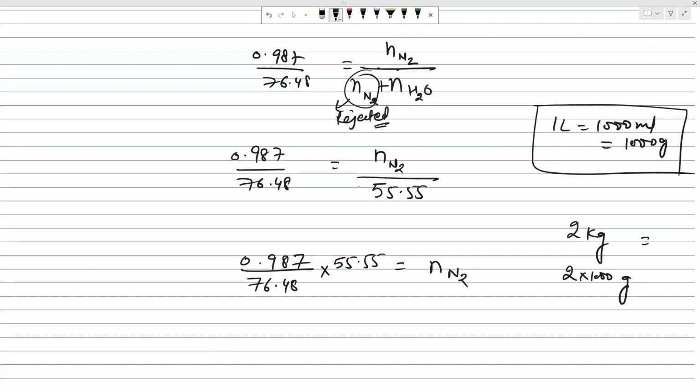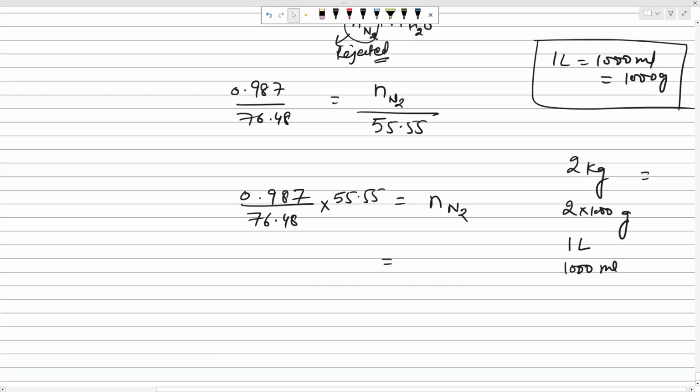Similarly, if I said that you have 1 liter of solution and I ask you to write it in milliliters, what will you do? You will multiply it by 1000. 1 liter is equal to 1000 ml, now it is in ml. So whatever is written in moles, if you want to convert it into millimoles, you have to multiply it by 1000.